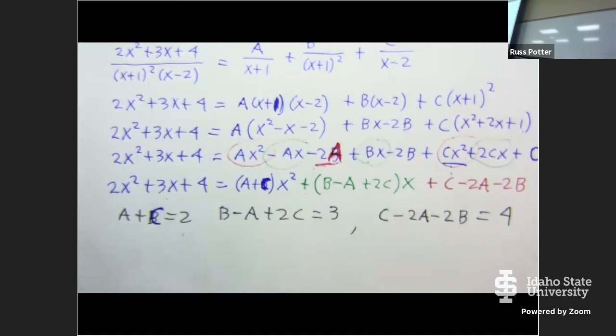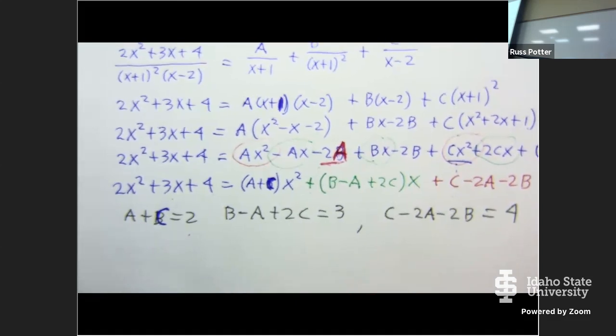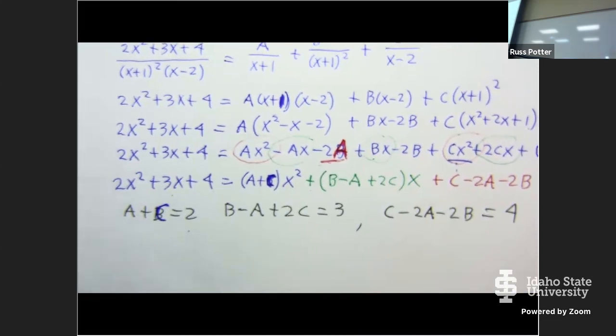Okay, well, the nice thing is we have 3 equations with 3 unknowns. The unknowns are a, b, and c. And if you have 3 independent equations with 3 unknowns, then there's a solution for all 3 unknowns.